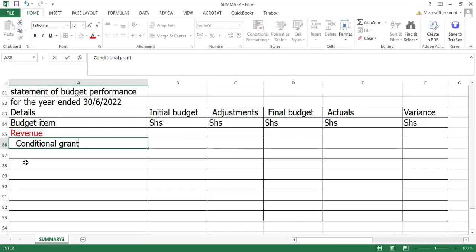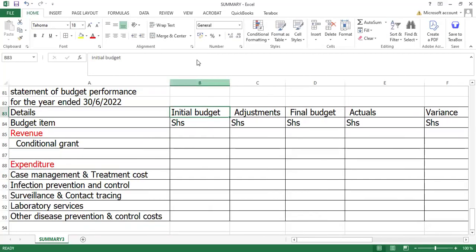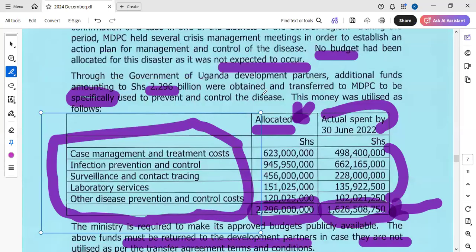Then you can go ahead and look at the expenditure items. From the question, you list those expenditure items.